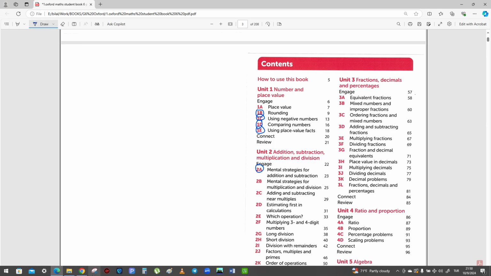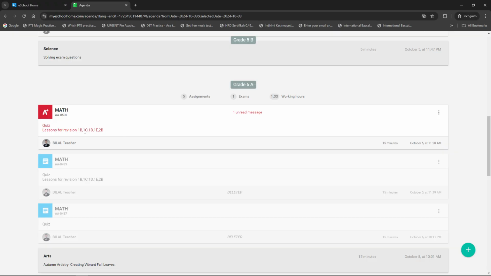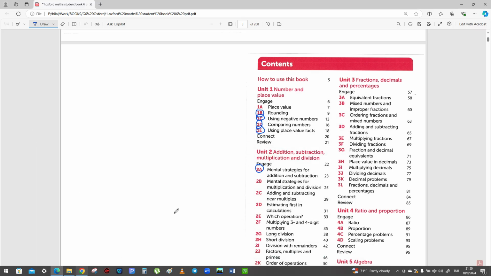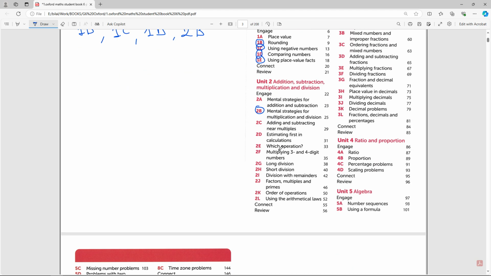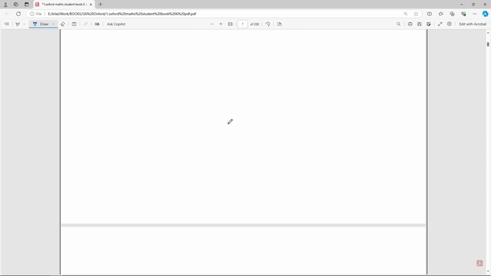Normally I put them in the agenda, which is here: 1B, 1C, 1D, 1E, and then 2B, not 2A. 2B, exactly. There's no mental strategies. We deleted this one since we did it together, so it's not going to be included in the quiz. So remember, it's going to be 1B, 1C, 1D, and then 2B.